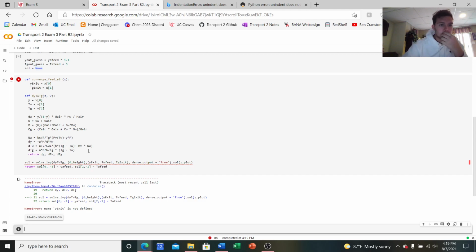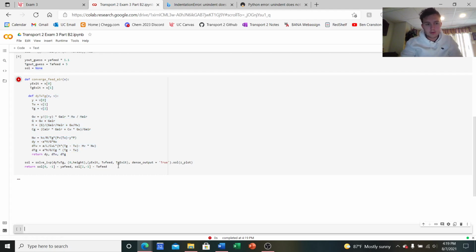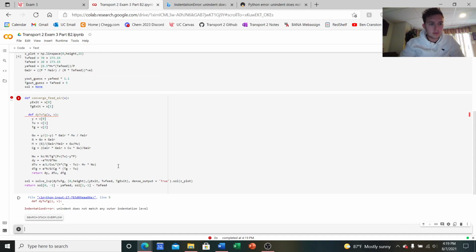So now once again we have this issue. The thing is that it is defined up here. That's where the issue I'm having is, because when I try to embed this whole thing and indent, I get left with the same issue.